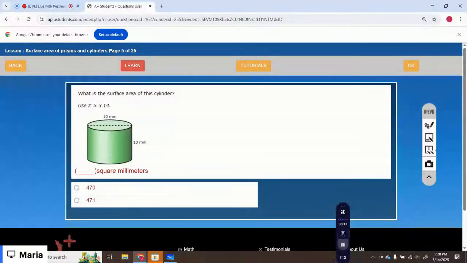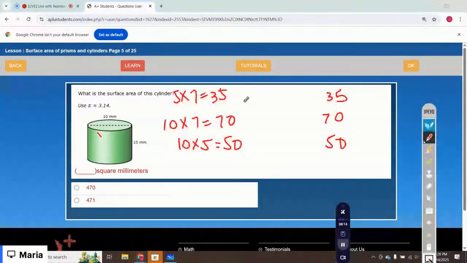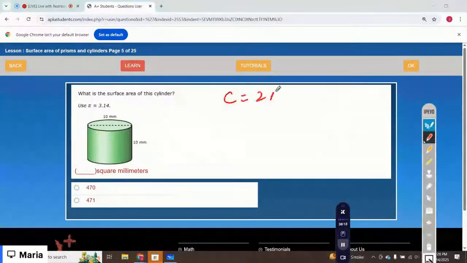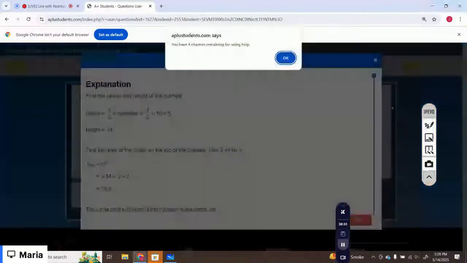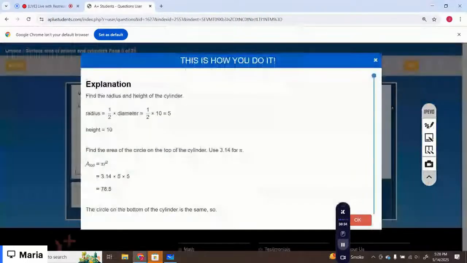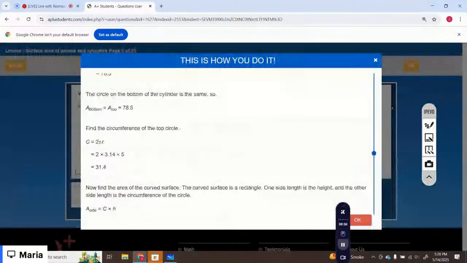First thing we need to calculate is the circumference, right? That is C equals 2 pi r. Hold on. You need to calculate the area, that is pi r squared, and then you have to calculate the circumference.